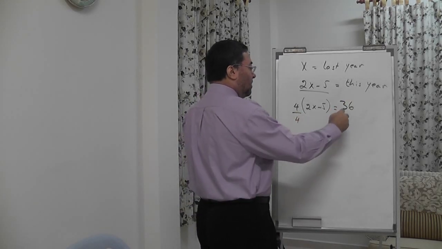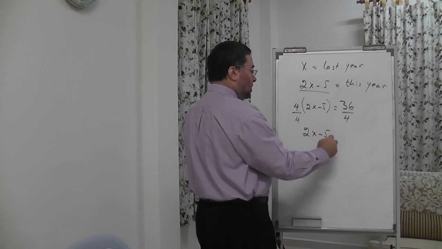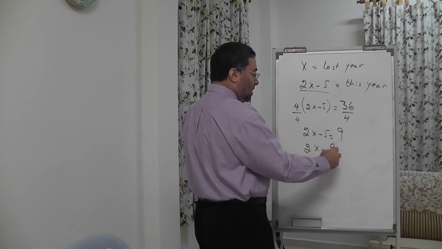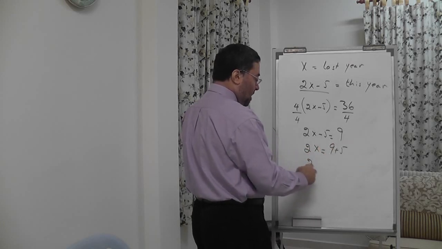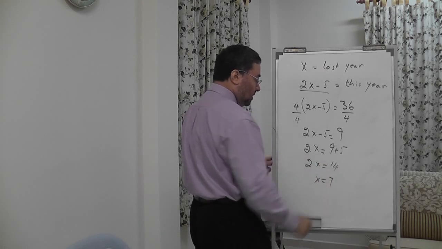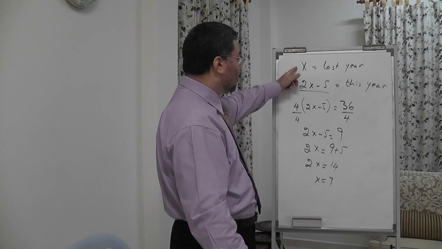We can divide by 4 right away, and we have 2x minus 5 is equal to 9. 2x equals 9 plus 5. So 2x equals 14, and x is equal to 7. So this is the price of the ticket last year.